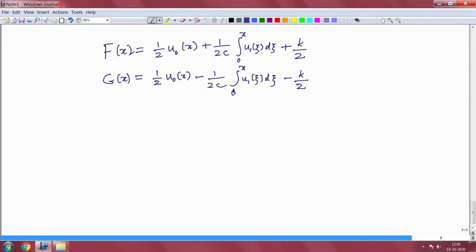So, these expressions for f and g we will be using many times in the future also. So, just remember how they are derived.